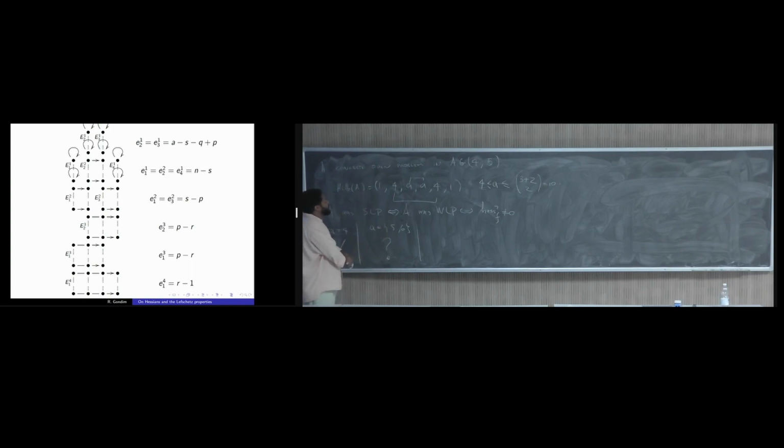We don't know. So we don't know the possible Jordan types in this case. For A equal 7, 8, 9, 10, we have the variations of Ikeda.